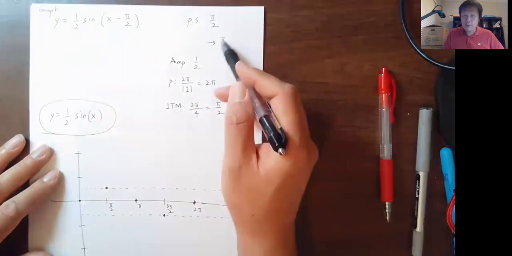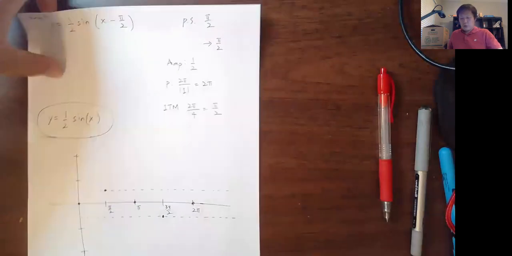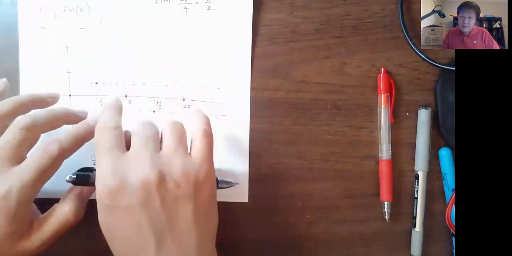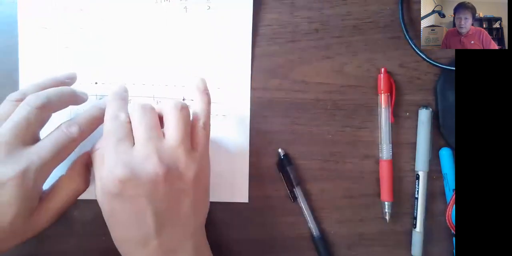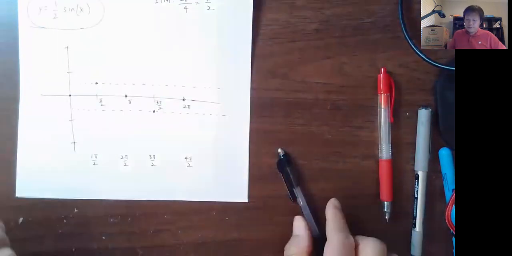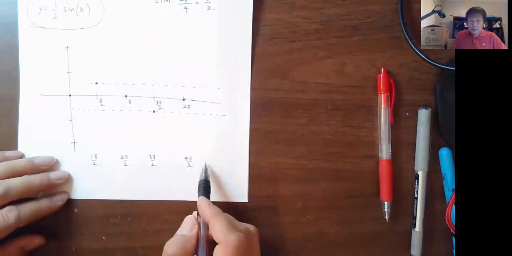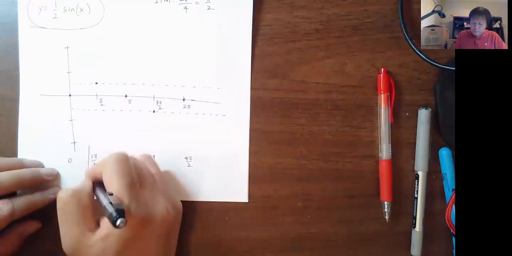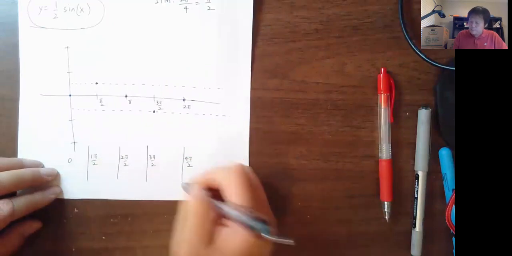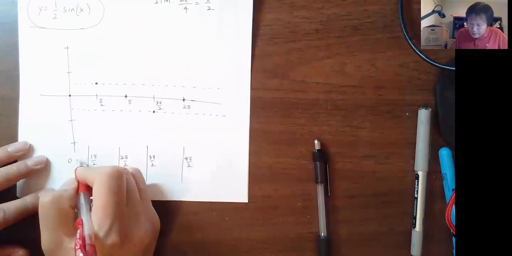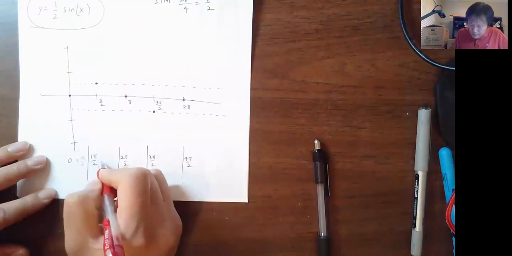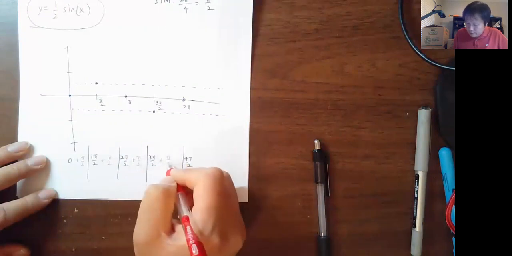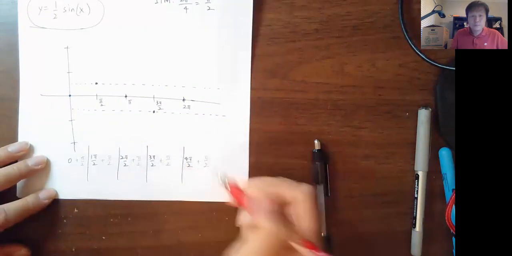So we have to move right by pi over 2. All those points, the x coordinates, we have to add pi over 2 to, because the graph has to move right by pi over 2. This x coordinate was 0, so you add pi over 2, add pi over 2, add pi over 2, add pi over 2, add pi over 2.